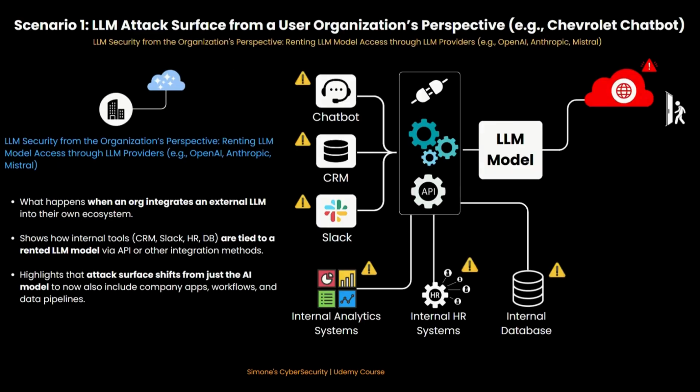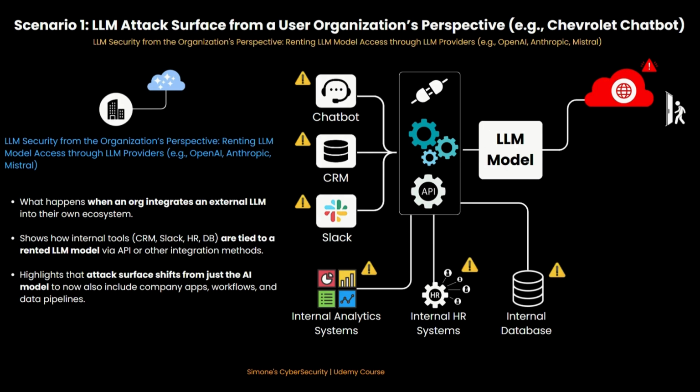Alright, scenario 1. When an organization adopts a large language model like ChatGPT, it's rarely running that model within its own infrastructure. These models are massive, often with billions of parameters, and they require enormous compute power, high performance storage, and specialized hardware like GPUs. And building and maintaining that kind of infrastructure on premises is not only expensive, but for most organizations, it's simply not feasible.